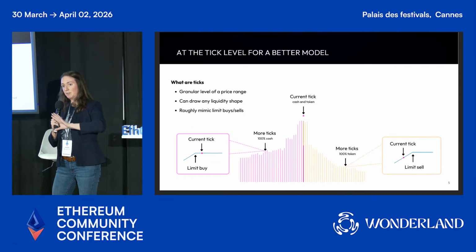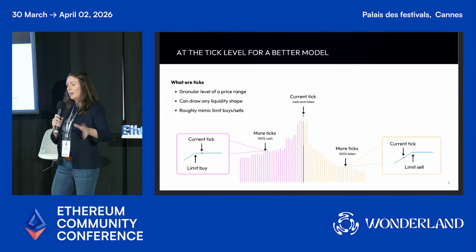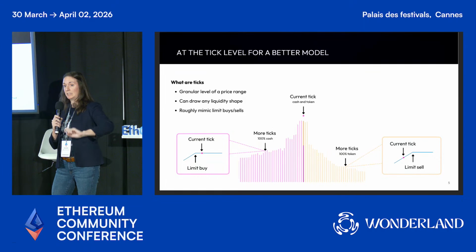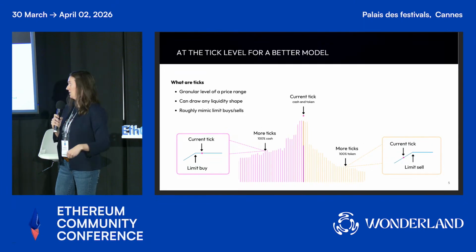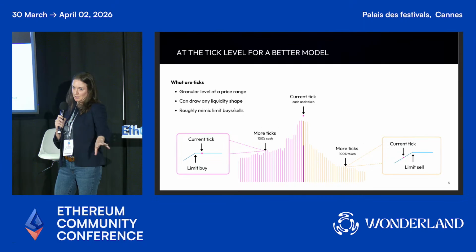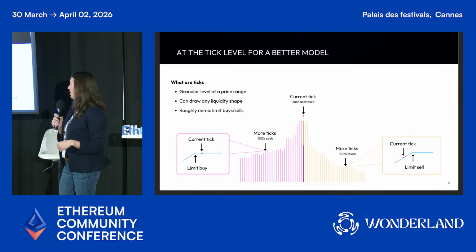And if the price ever gets that low, then I will buy the token at a cheaper price. It's not quite a limit buy because if the price goes back, that token is exchanged for cash again. And every time that my tick is crossed, I'm getting some swap fees in exchange for putting my liquidity in that tick. But in a way, it kind of helps to think of it as a limit buy, where I'm putting all the cash at a lower price. That's the price at which I want to buy it.